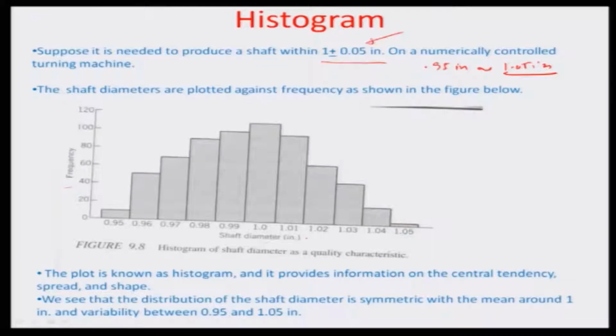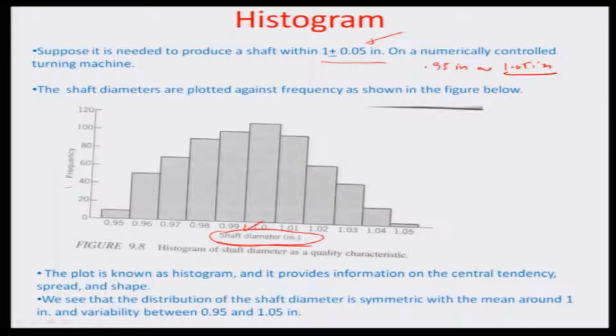I think this had been covered in the last module, that the frequency versus the shaft diameter measurement is represented in this way, and we were talking about 300 plus samples for the various shaft diameters. This provides you a central tendency of the distribution of the total measurements which have been done, and the central tendency in this case, as you can see, is about 1 inch, which is the correct central tendency.